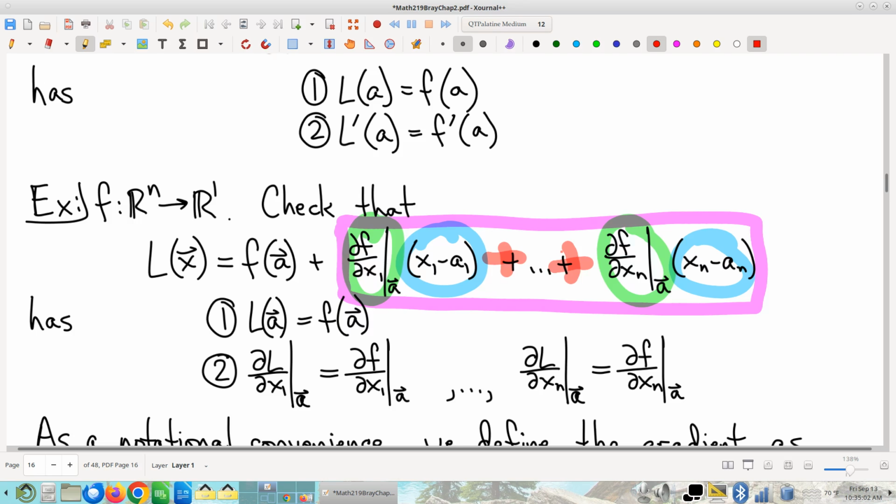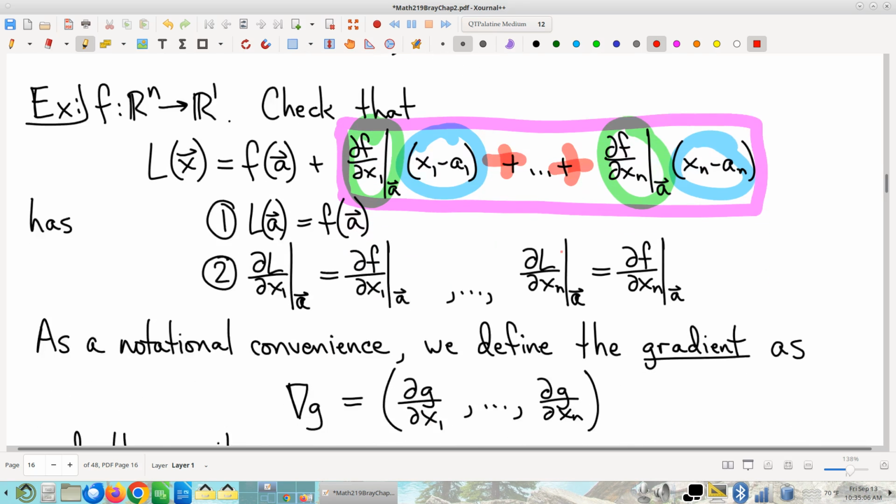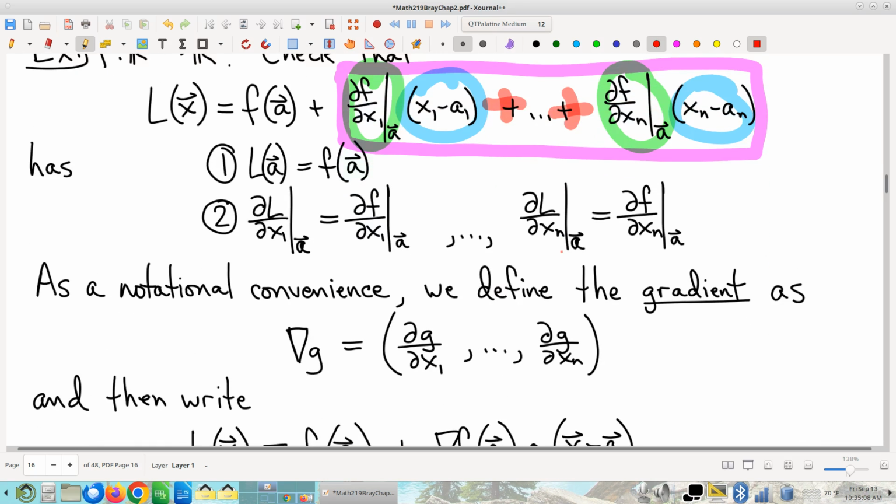Where have we seen this construction previously? And you know what? In fact, that's a dot product. That is straight up exactly, computationally anyway, how you define a dot product.